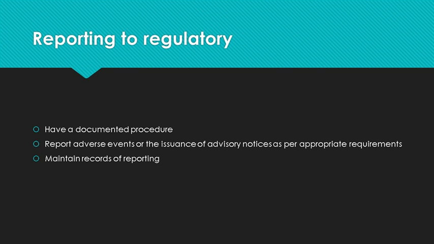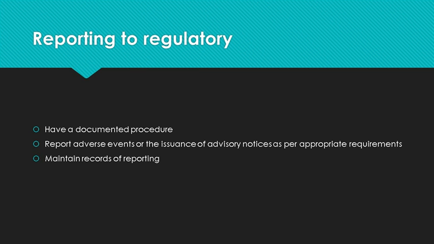Your organization must have a documented procedure for reporting to regulatory. It can be part of another procedure such as complaints, but the action must be documented and anyone who could take a complaint should be trained on how to find the procedure quickly and follow it.